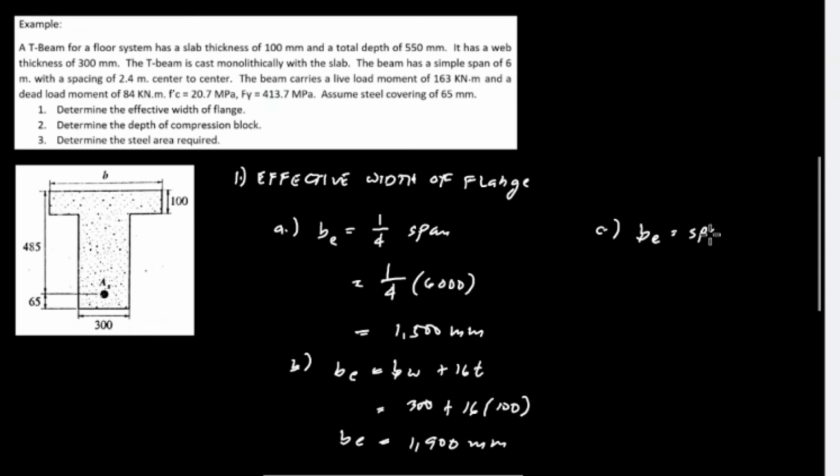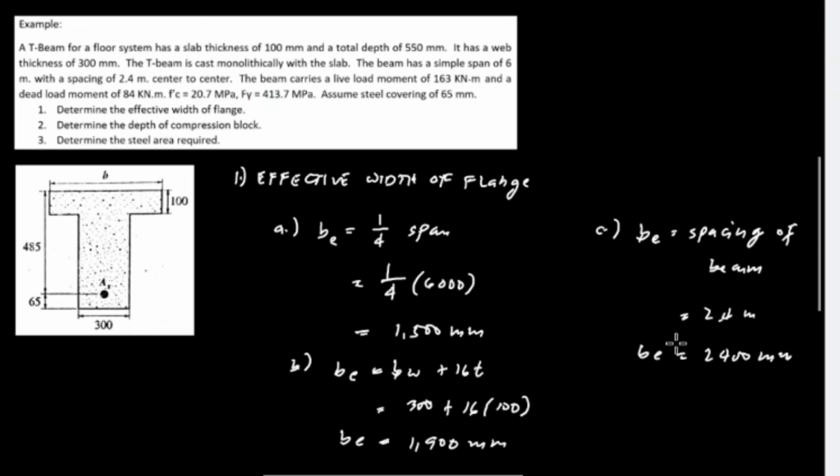So spacing of the beam from center to center, that's 2.4 meter, or 2400 millimeter, and that's B effective.